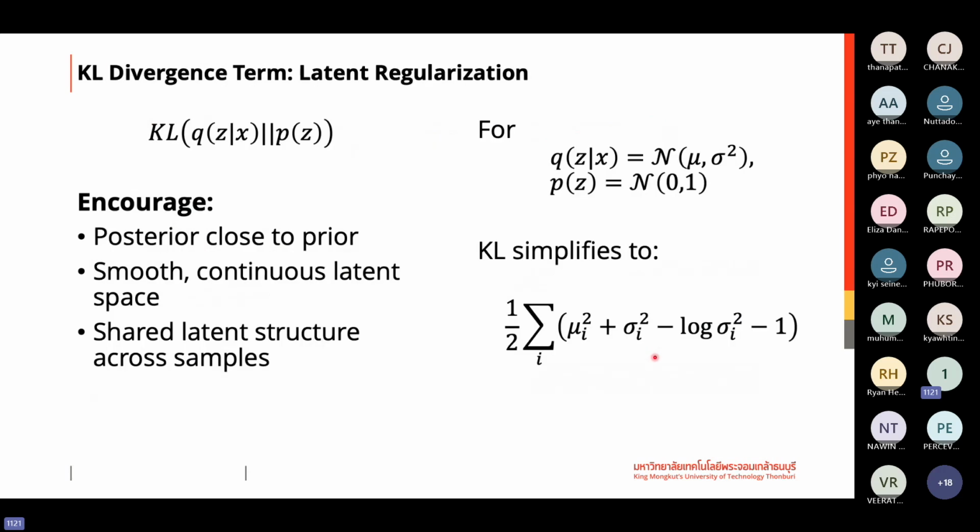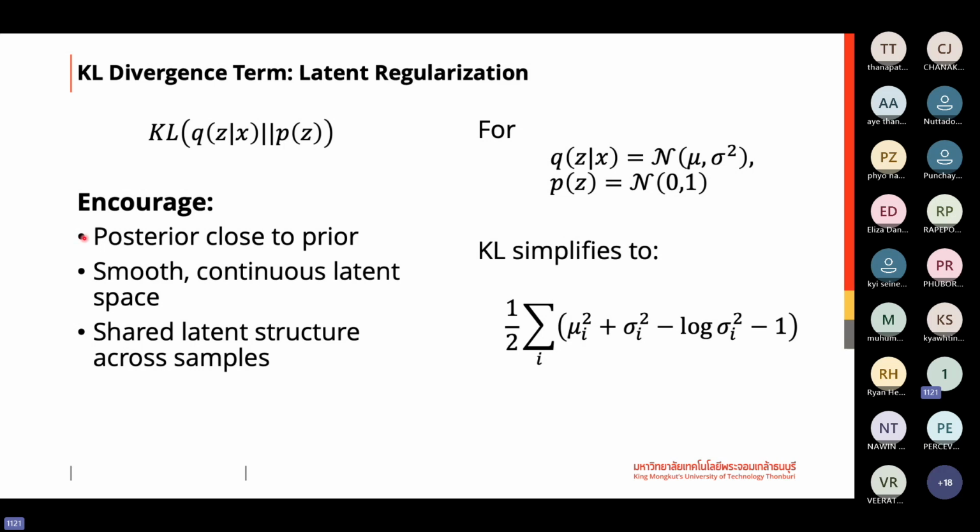In the KL divergence term, this represents the posterior probability. It is trying to have the posterior probability close to the prior. That means the posterior is the X, and the prior would be the latent representation. You want them to be similar.